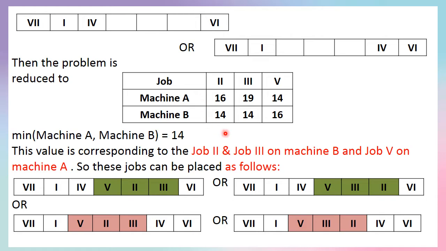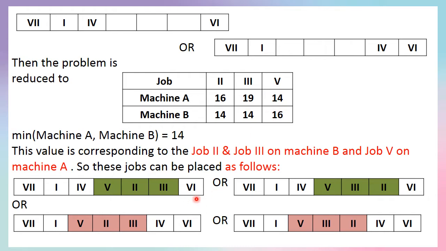Then we have the remaining table this way, and again find the minimum timing of machine A and machine B. Here it is 14, and this 14 is corresponding to job 2 and job 3 on machine B, and job 5 on machine A.